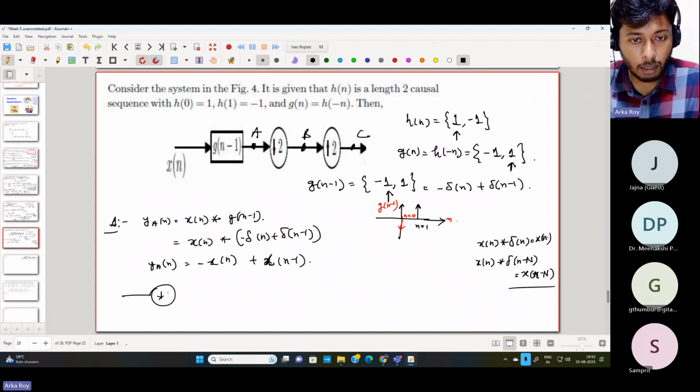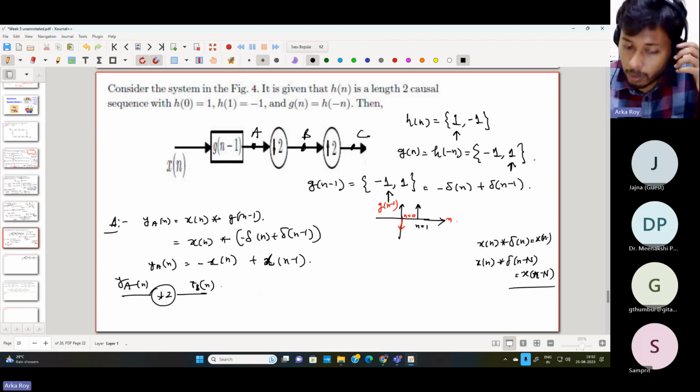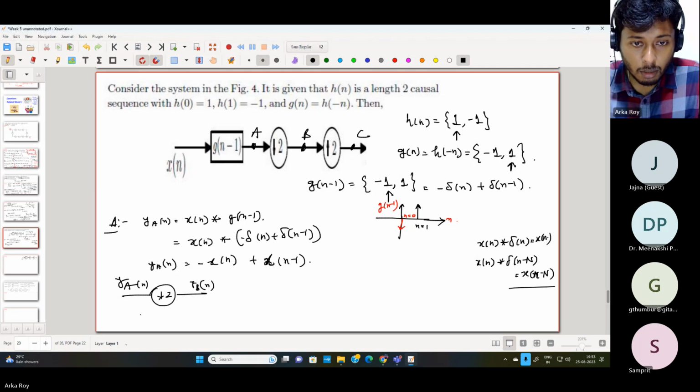Now I'm applying a downsampler. So at location A, I have y a of n, and I need to find y b of n. This is the decimation operation. So y b of n is nothing but y a of 2n.